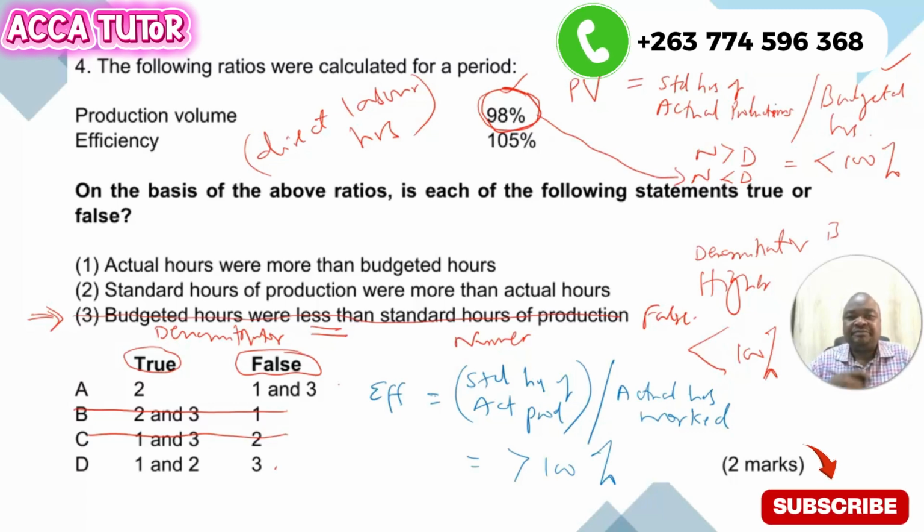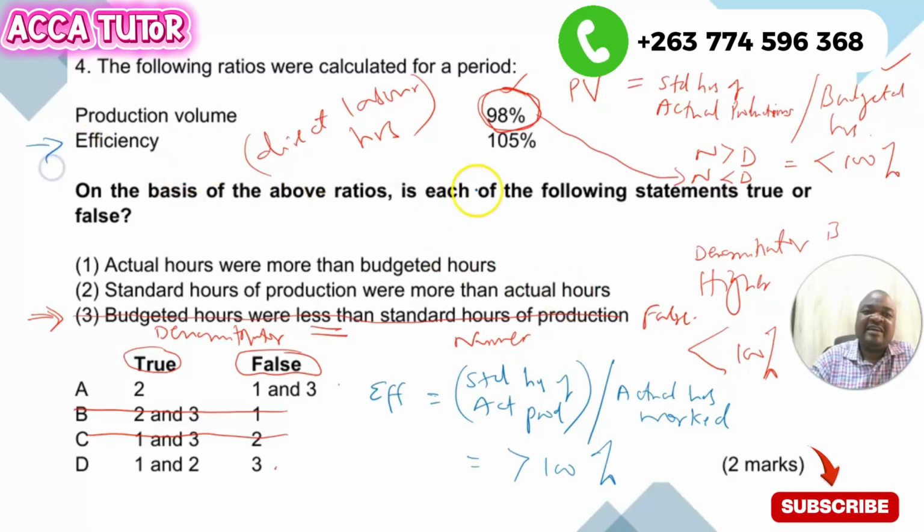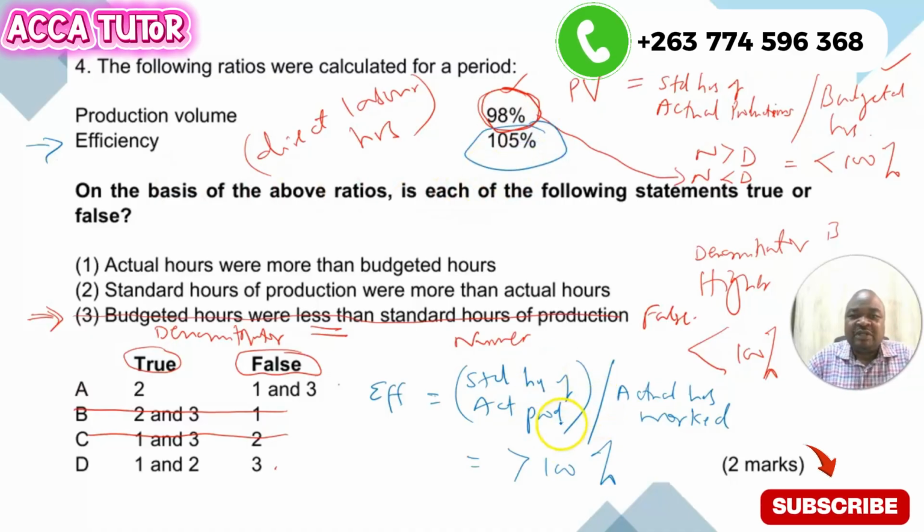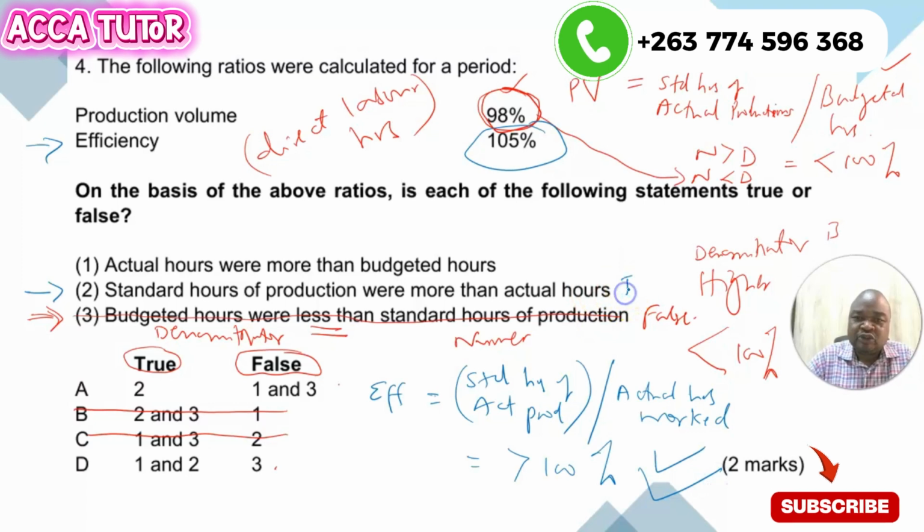Now, we are having an efficiency ratio which is greater than 100%. So it simply means that the standard hours of actual production were greater than the actual hours worked. So statement number 2 is saying standard hours of actual production were more than actual hours. So you can see that it is explaining our assertion. So statement number 2 is true.